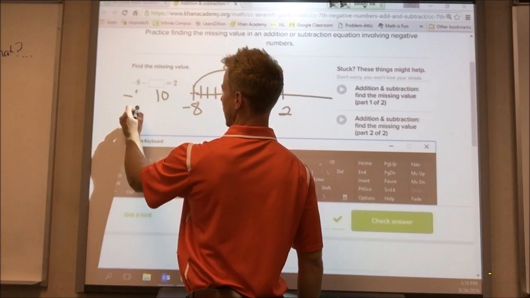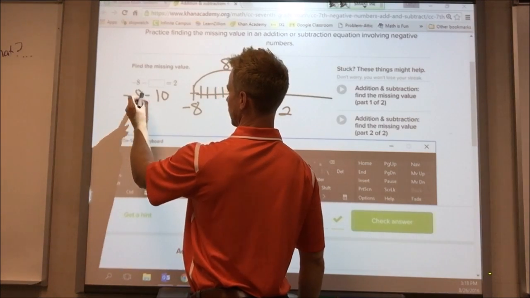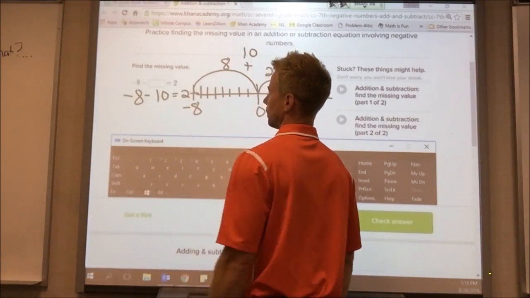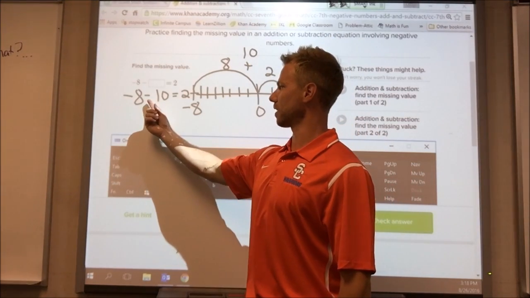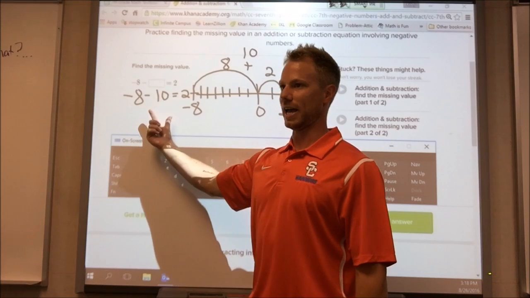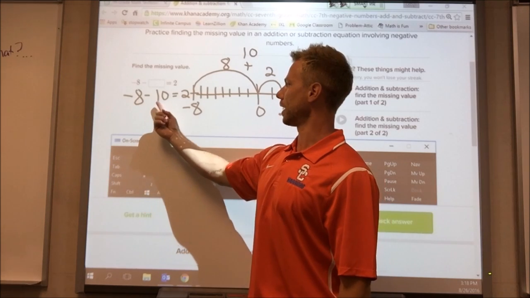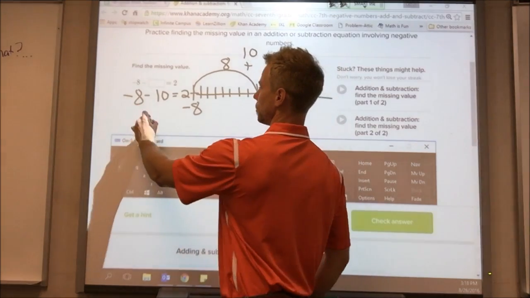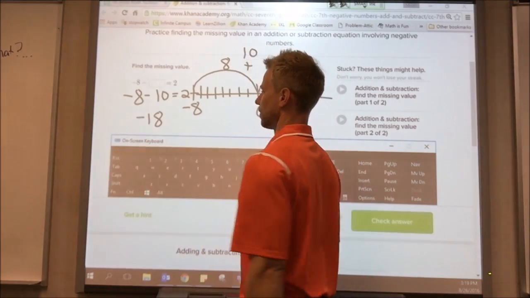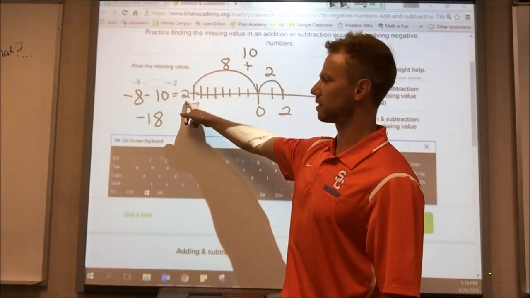What that's saying is -8 minus 10 equals 2. But if I apply my rules, I have like signs, which means I need to add and keep the original sign. Well, 10 plus 8 is 18. The original sign is negative. That would give me a -18. That's not what I need.